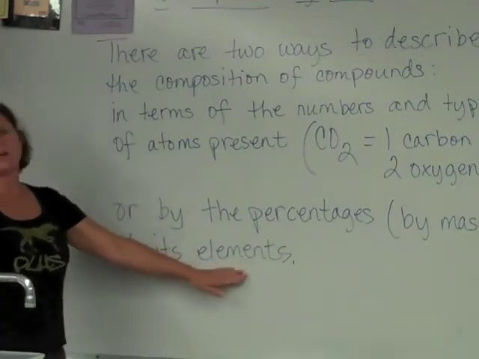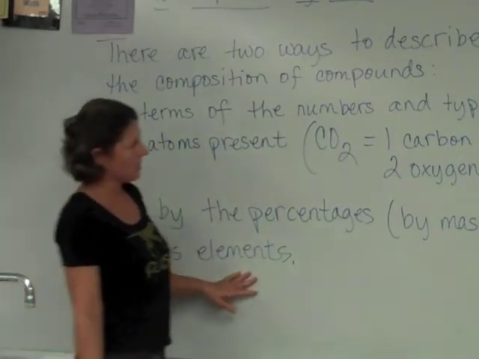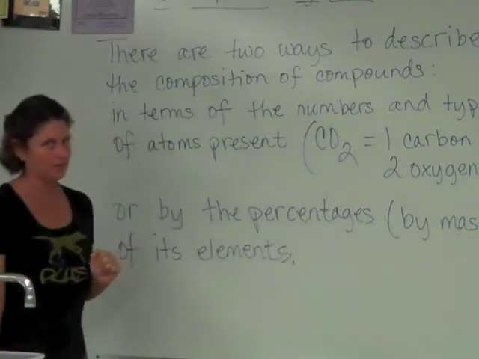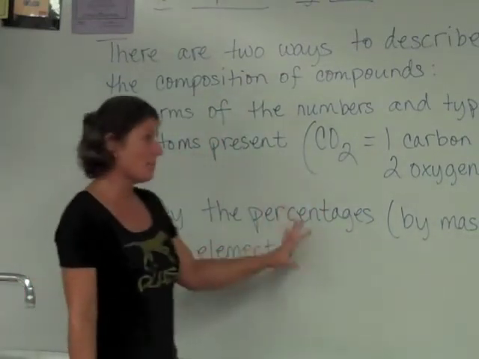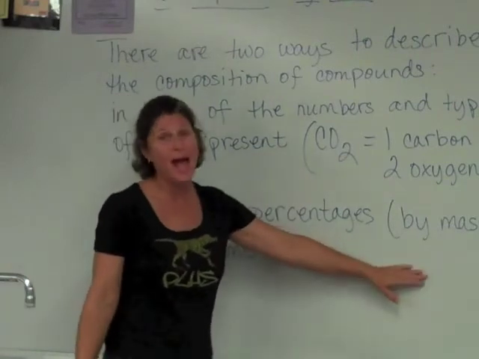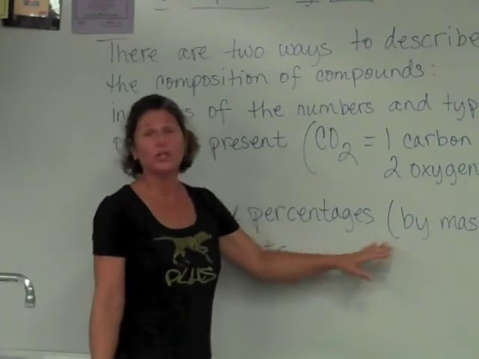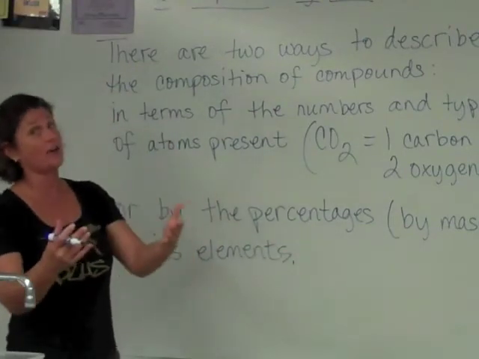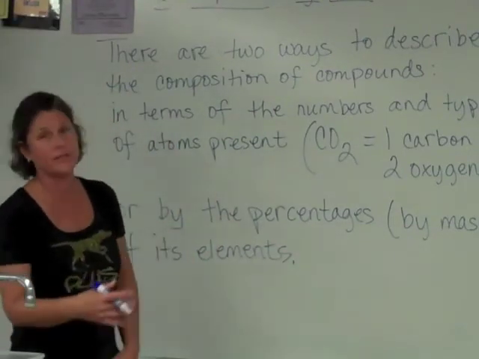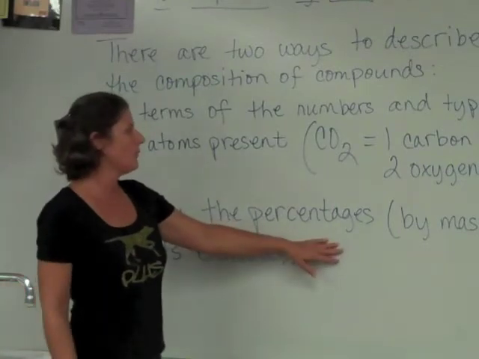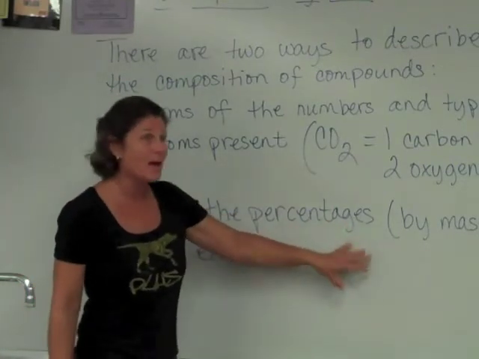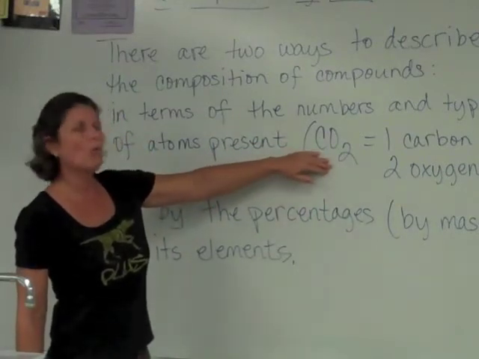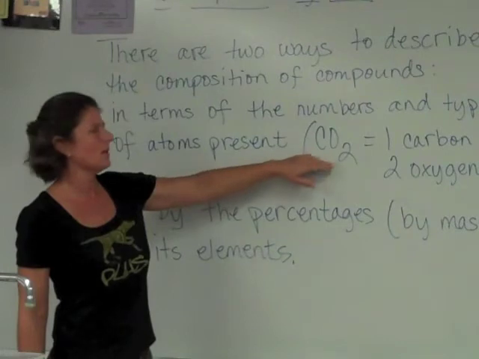Why do we want to describe it this way? Well, oftentimes, this is the data we can get from lab. And we can use the mass data to go back and figure out, and we'll do this the day after tomorrow, what the chemical composition of the thing is.